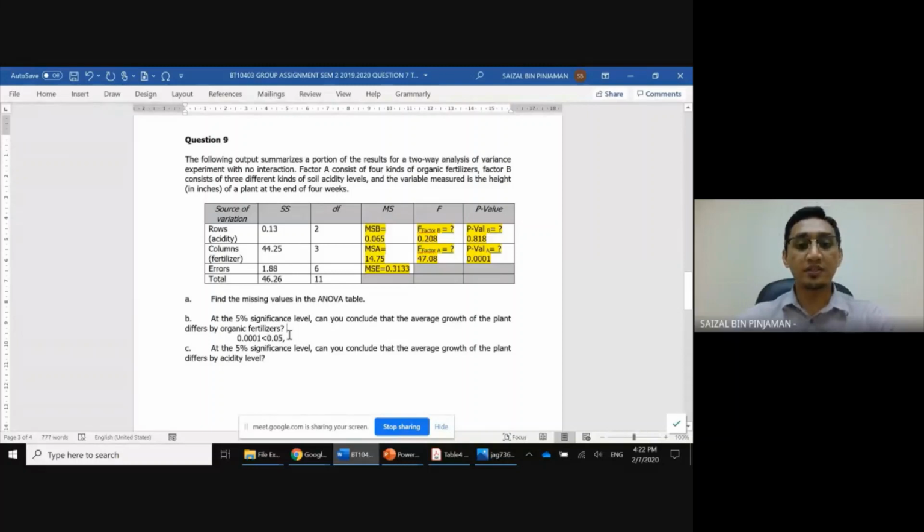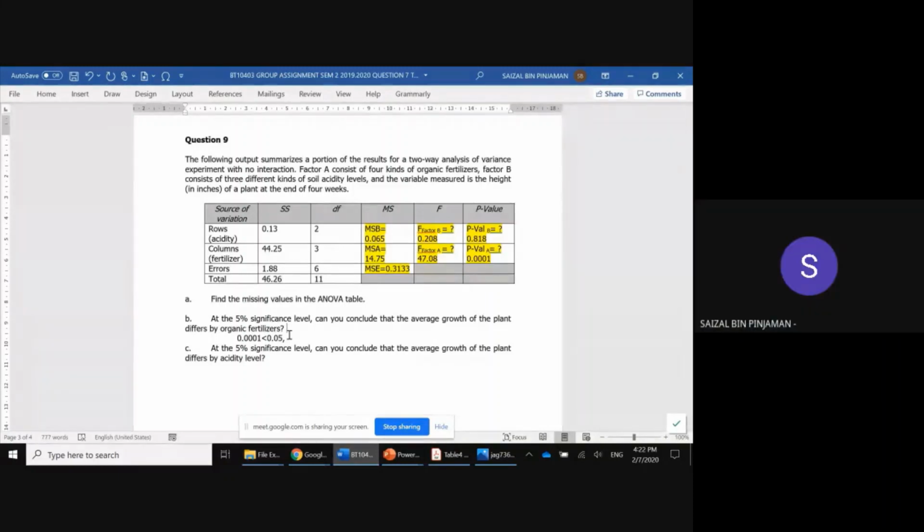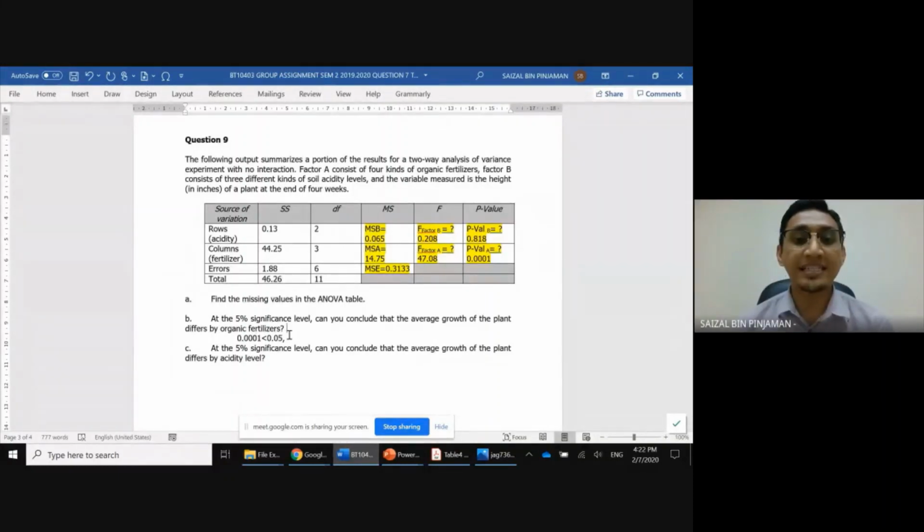In other words, the null states that the organic fertilizer doesn't influence the height of the plant, while the alternative states that the organic fertilizer influences the height of the plant.